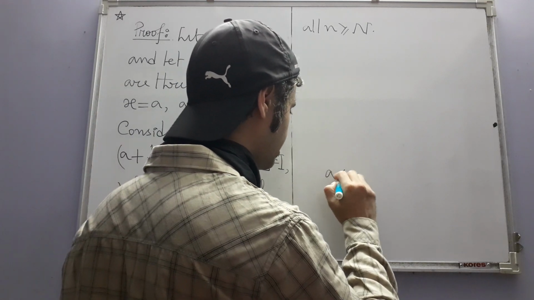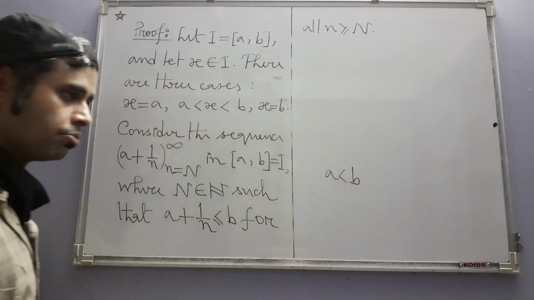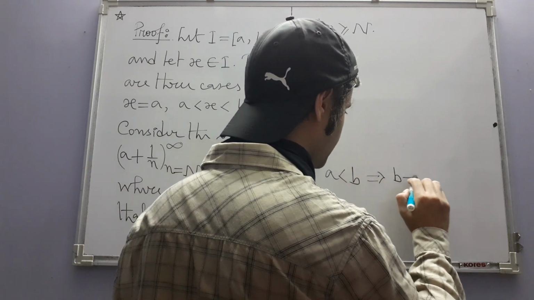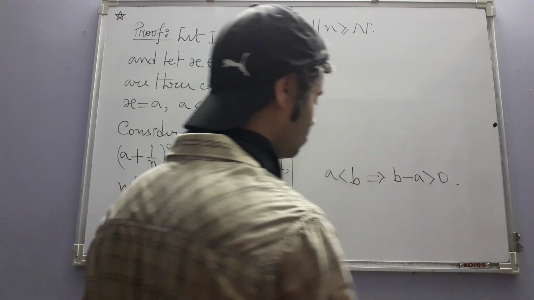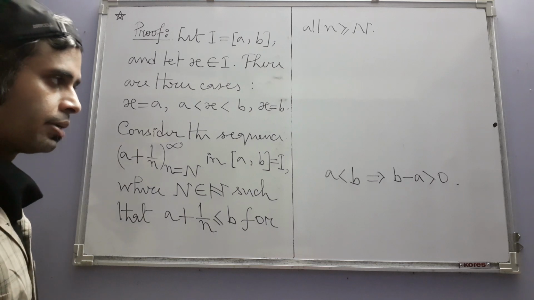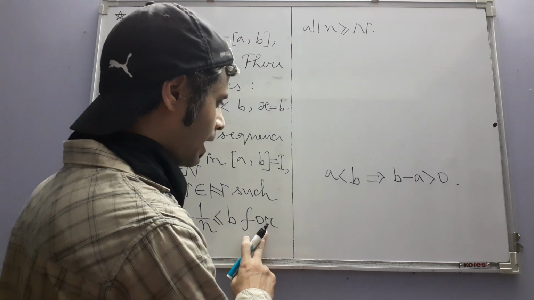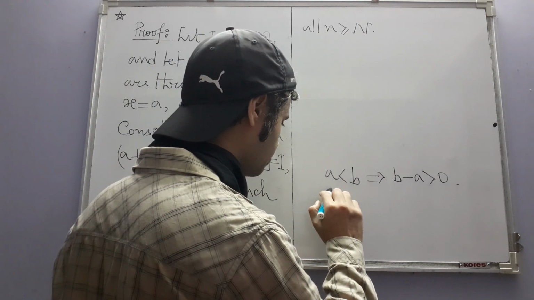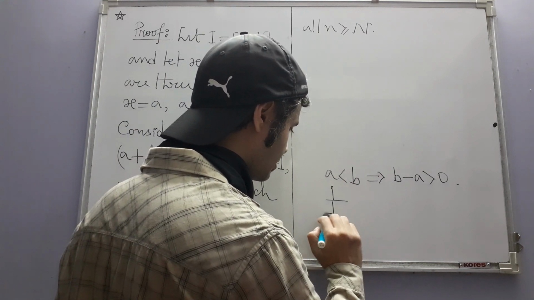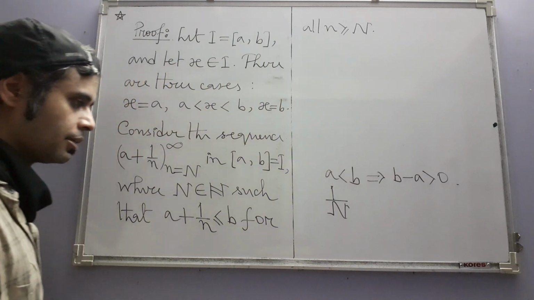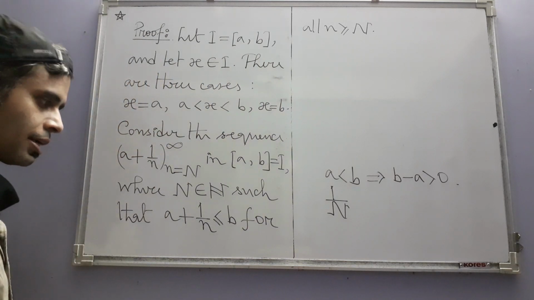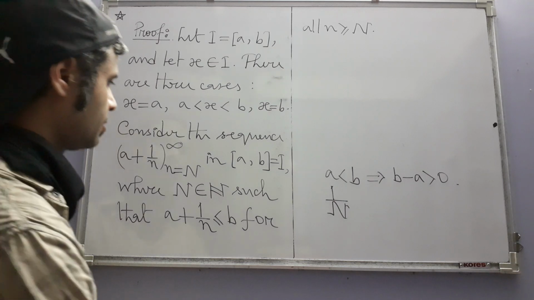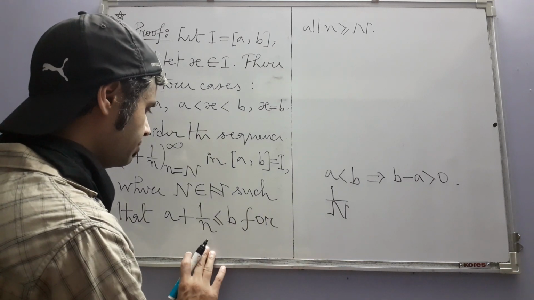So actually A is less than B, which means what? It means that B minus A is a positive real number. Now, from the Archimedean principle, one can easily prove that a large enough n can be chosen such that, oh, there is that problem now, n should not be 0.